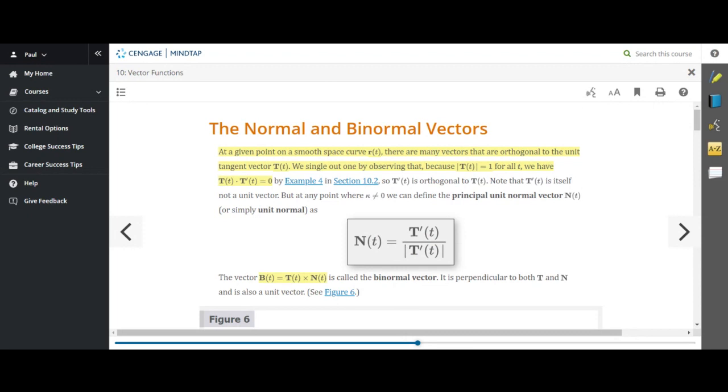If the normal vector equals the derivative of the unit tangent vector divided by the length of the derivative of the unit tangent vector, then we would have a normal unit vector N that's orthogonal to the unit tangent vector.